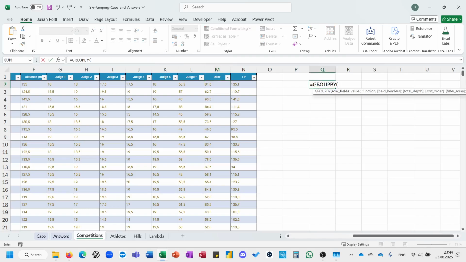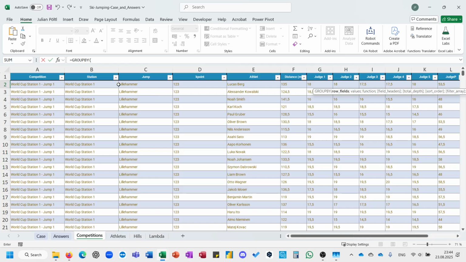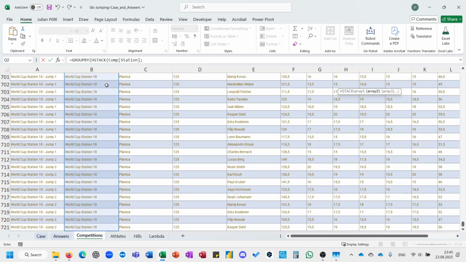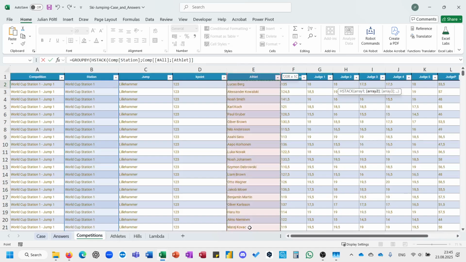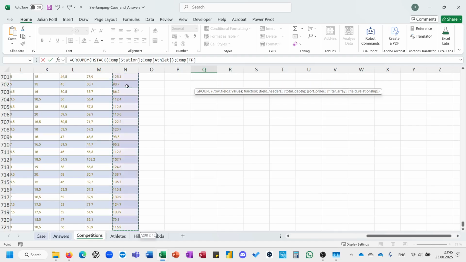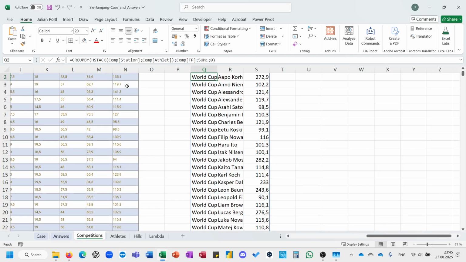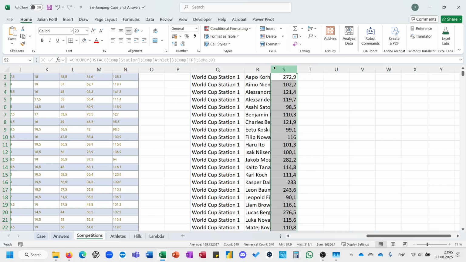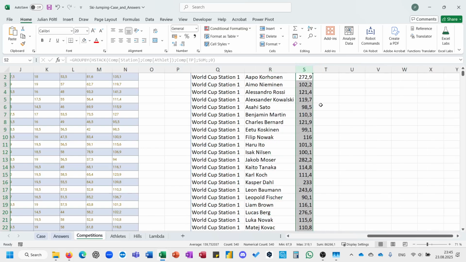I will simply use GROUPBY using the stage and the person, and as well use total points and then summing, no depth. And here we have then a list of the stations, the persons, and how many points they got in total.